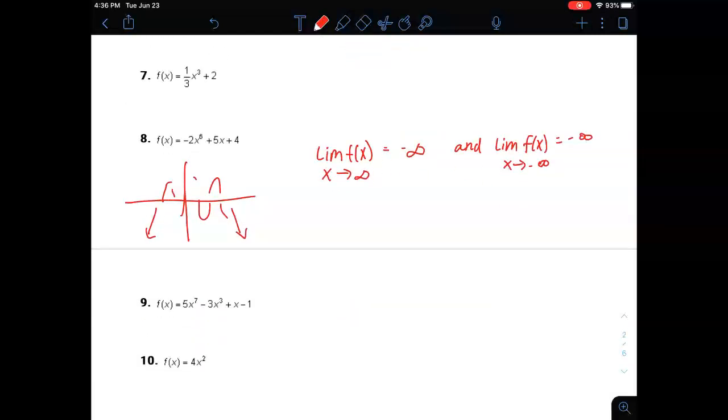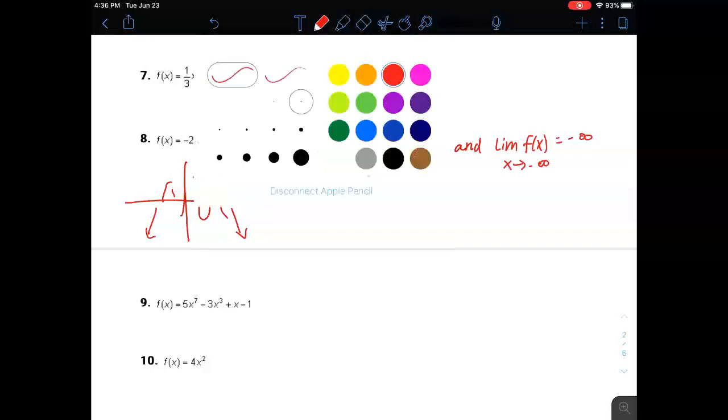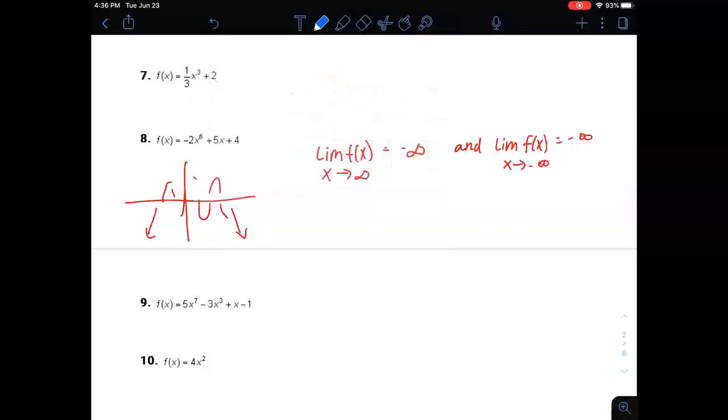If we choose to do one more of these, let's look at number 9 here. 5x to the 7th. Again, I have an odd, so I'm going to have opposite behavior, one going up and one going down. My coefficient is positive, so this one's going to go up and this one's going to go down.